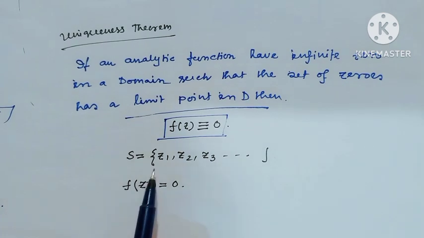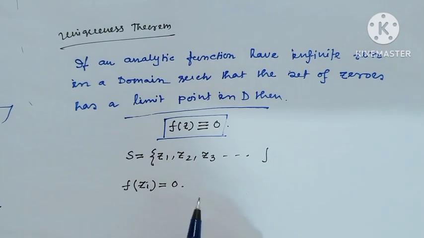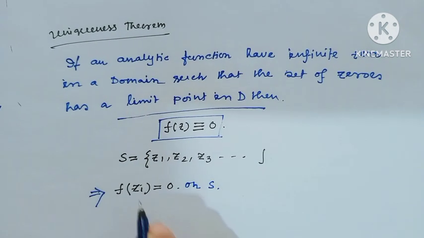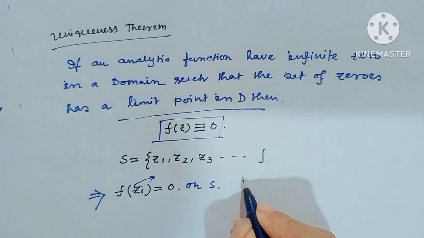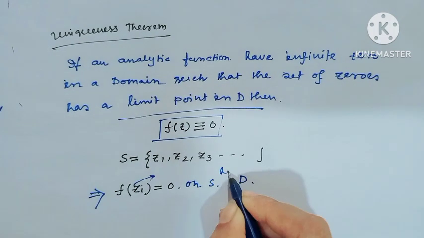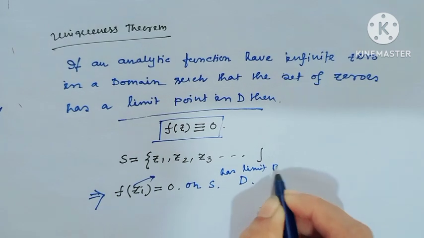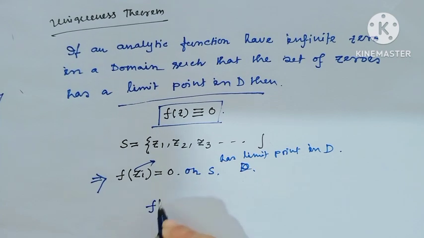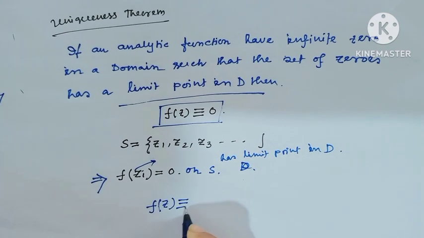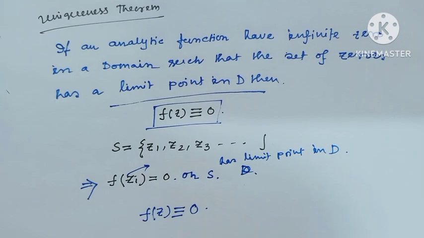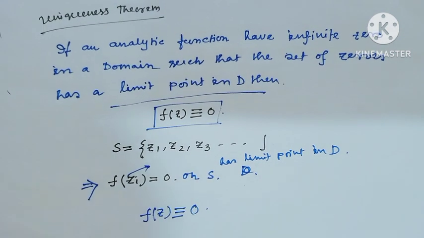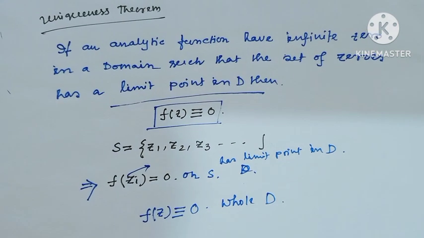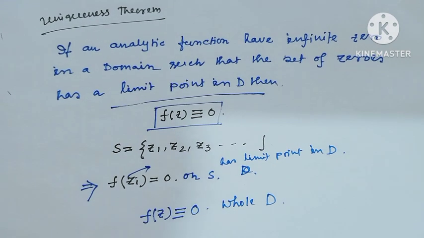That means if we consider S equal to {z1, z2, z3, and so on}, if f(z_i) is 0 on the set S, but these zeros have a limit point in D, then we can tell f(z) is identically equal to 0 on whole D. I hope all my viewers have understood three approaches of uniqueness theorem.